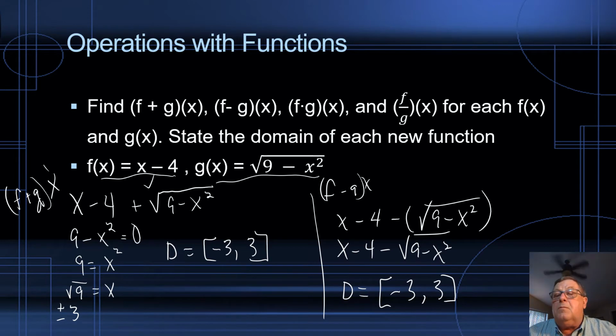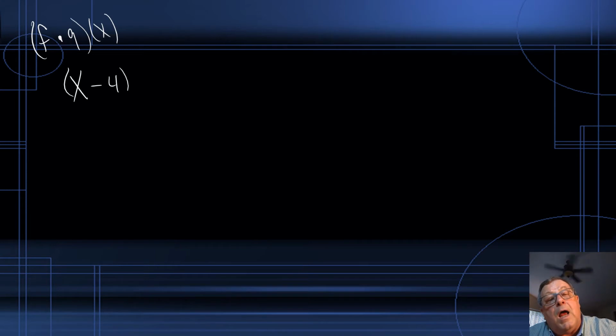All right, now let's multiply these two together. So over here we're going to have f times g of x. And let's see, f of x was what? x minus 4. So I've got x minus 4 times, and g of x is the square root of 9 minus x squared.